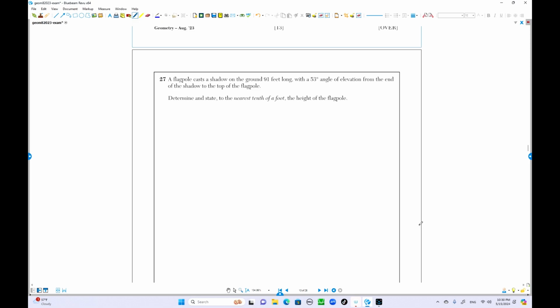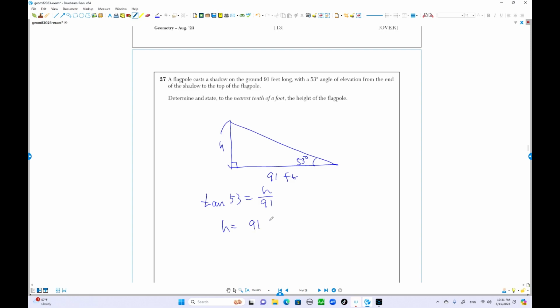Number 27. A pole casts a shadow 91 feet long. The angle is 53 degrees. We're going to find the height of the pole. This is a right angle. Using tangent trigonometry is better. Tangent 53 equals h over 91, so h equals 91 times tangent 53.